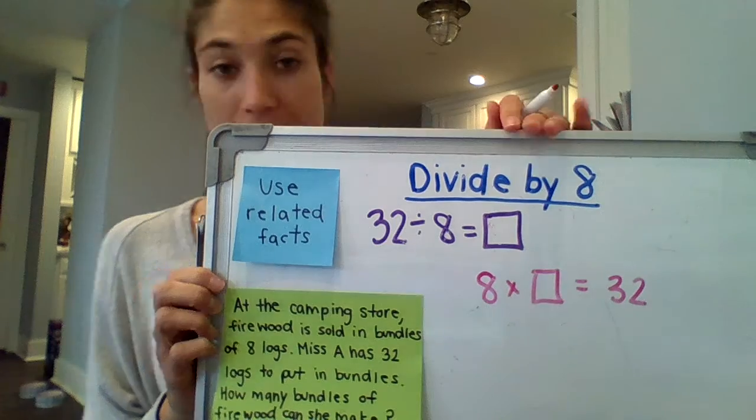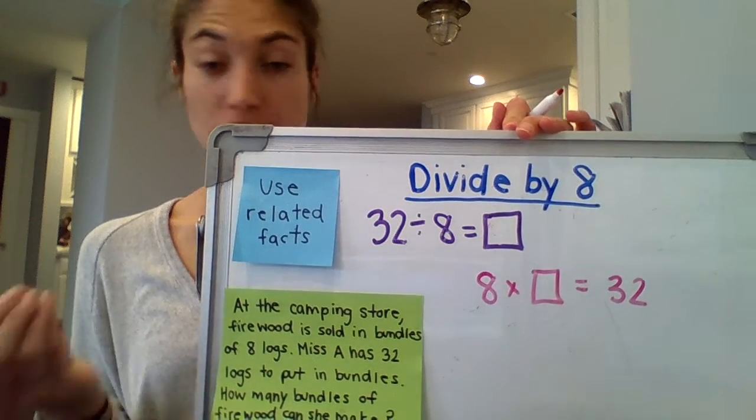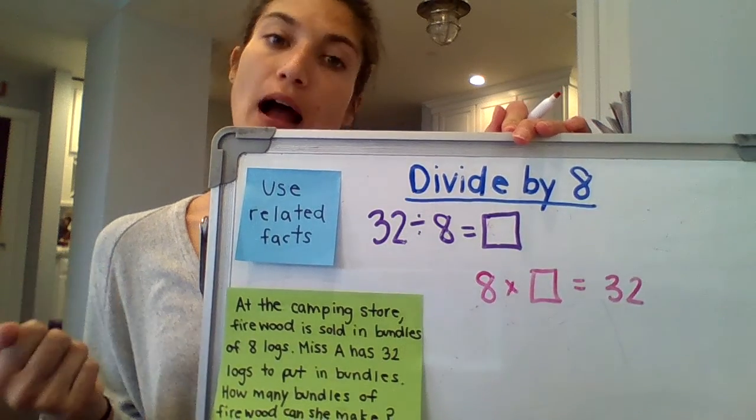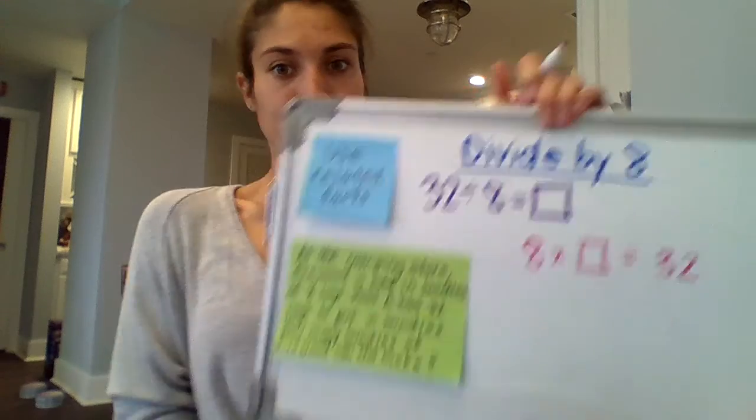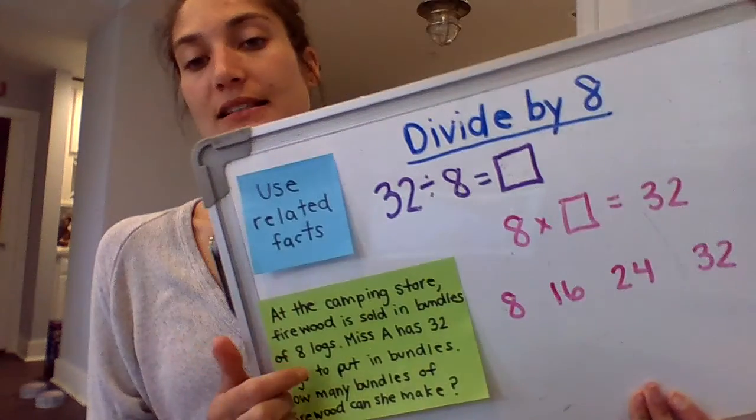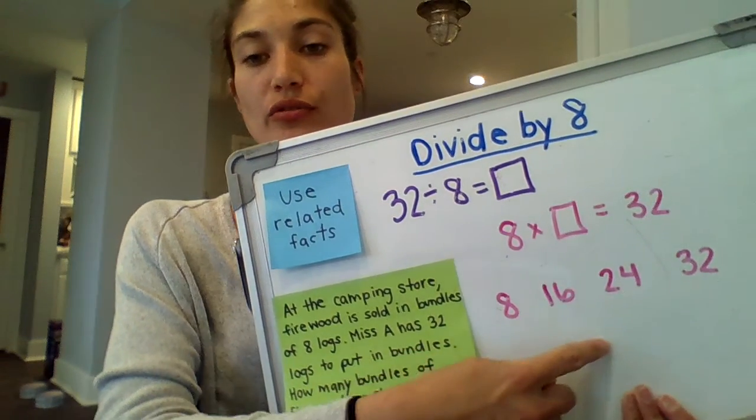Now you can use any multiplication strategy you would normally use to solve this. I'm going to skip count. So first I'm going to do 8, 16, 24, and then 32. I skip counted 1, 2, 3, 4 times. So I know 8 times 4 is 32.